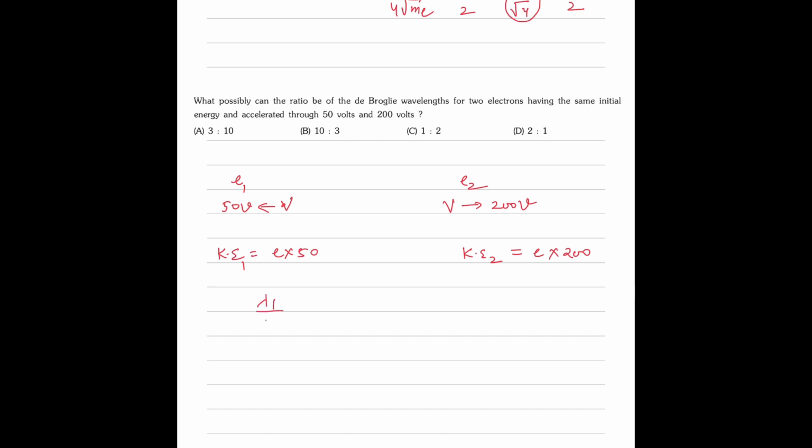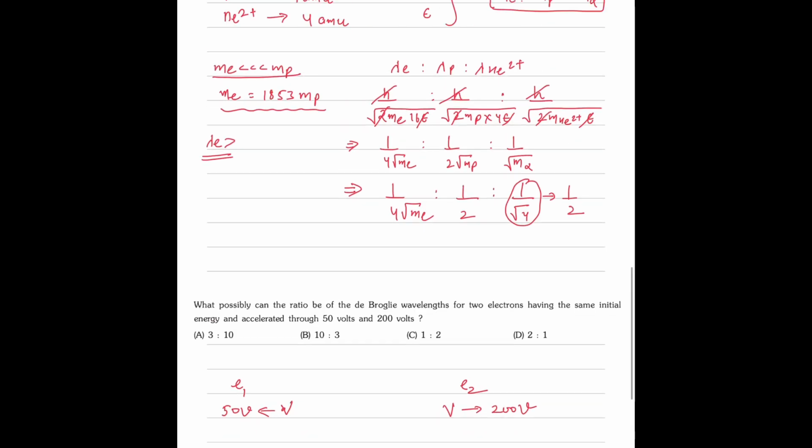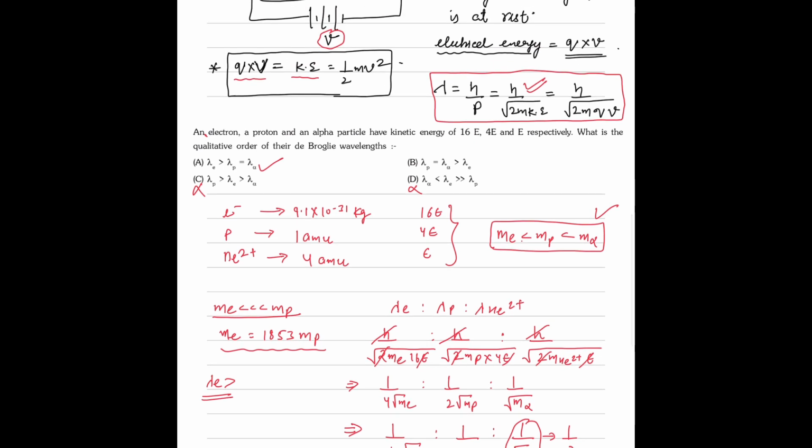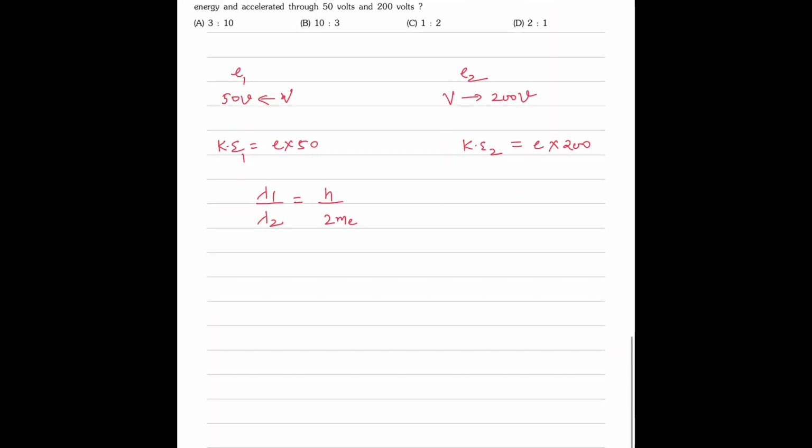Now we'll take the ratio of their lambdas. So lambda 1 upon lambda 2 is equal to, lambda 1 is h upon square root of 2m, where m is mass of electron. Which formula to use? This one: lambda is equal to h upon square root of 2m kinetic energy. For lambda 1, the kinetic energy is 50E.